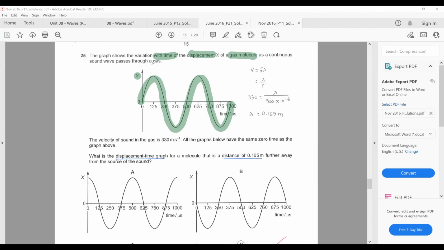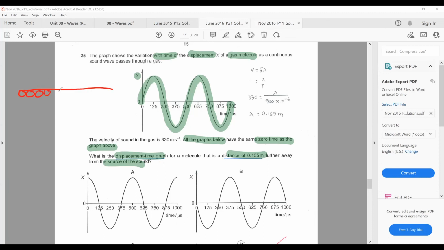To tell you, all the graphs below have the same zero time as the graph above. What is the displacement time graph for a molecule that's a distance of 0.16 meter away, further away from the source of sound? Yeah, there's a reason why I mark this question as difficult.